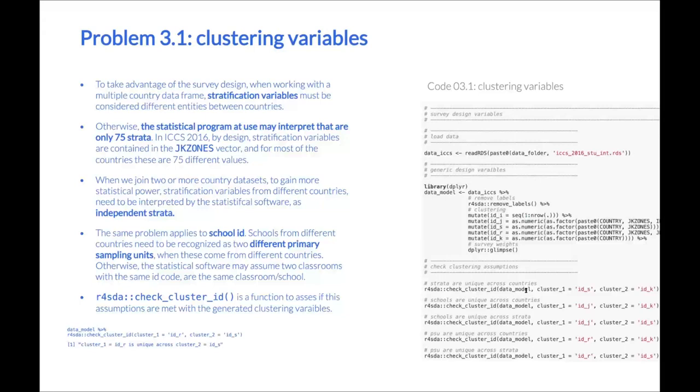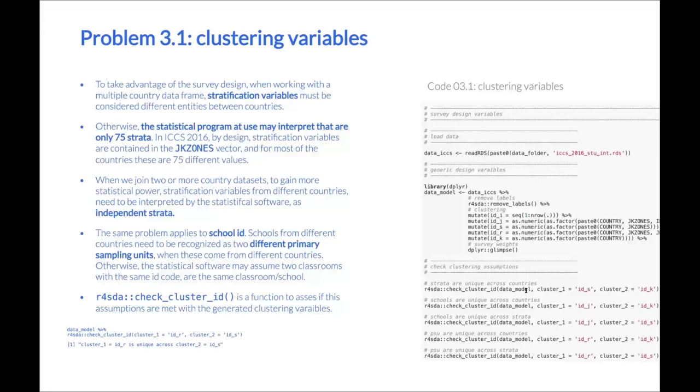The main point here is that the original school ID from ICCS, for example, can be repeated between countries. So let's say in Colombia, there is a school that is called 0001. And then in Netherlands, there is also another school that is called 0001.